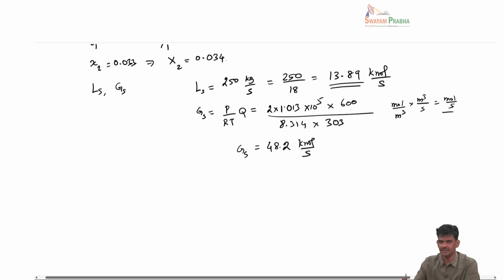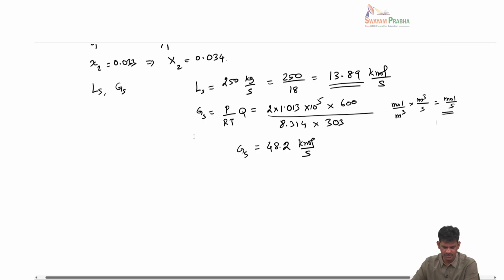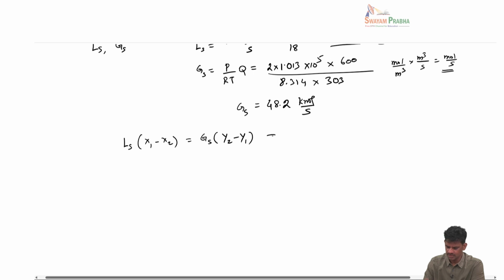So you will get an answer in terms of mole per second, but you can convert that into kilomole per second. So we know LS and we know GS now, and then we can use the operating line or the mass balance. So this is written for co-current flow.